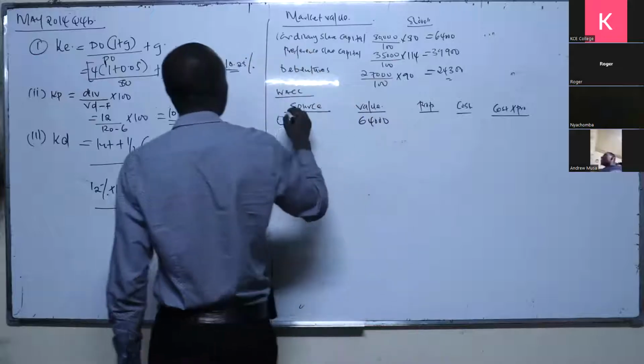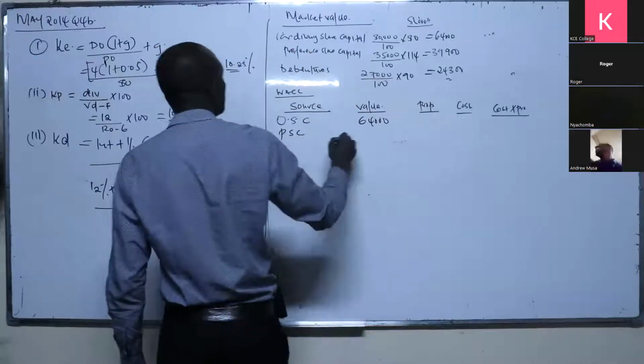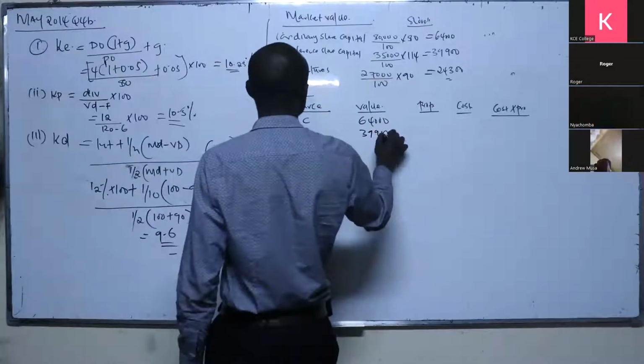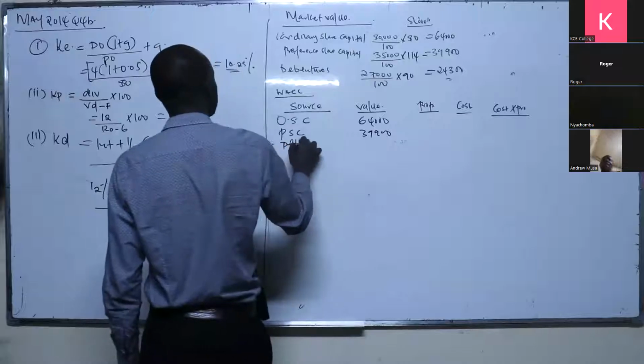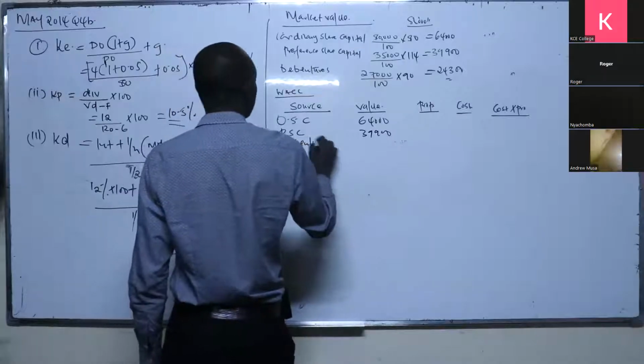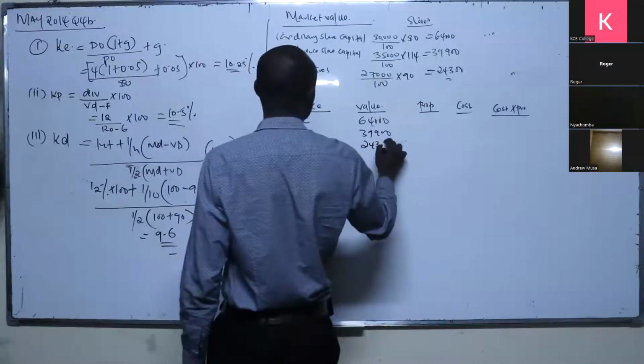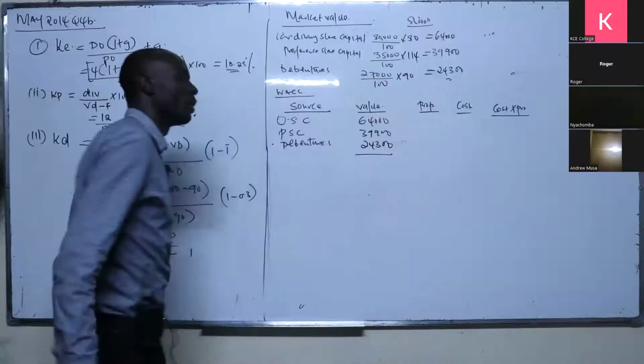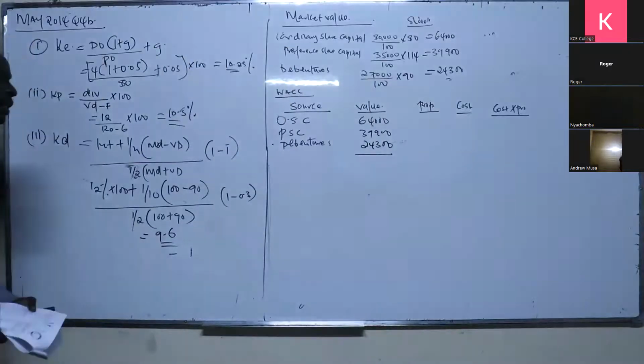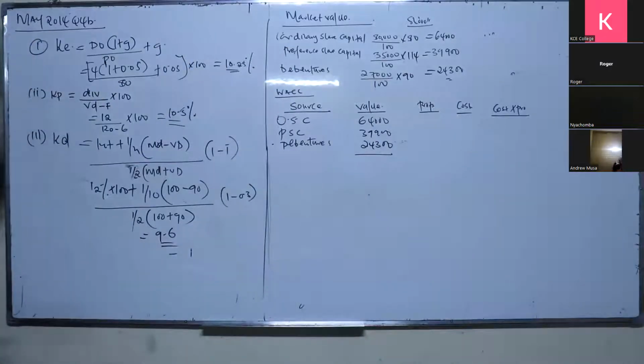And then we have preference share capital. The value is 39,900. And then we have the debentures. The value is 24,300. And then you add all this. When you aggregate them, what do you get? 128,200.